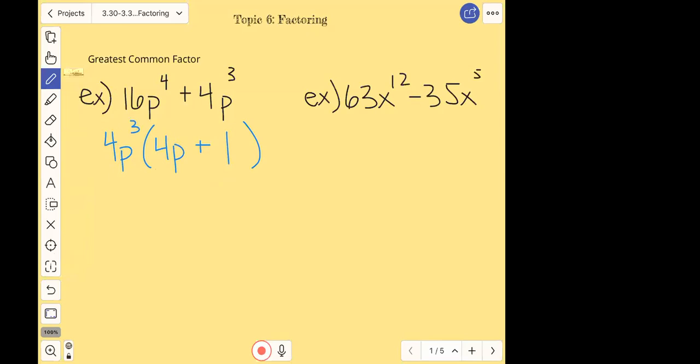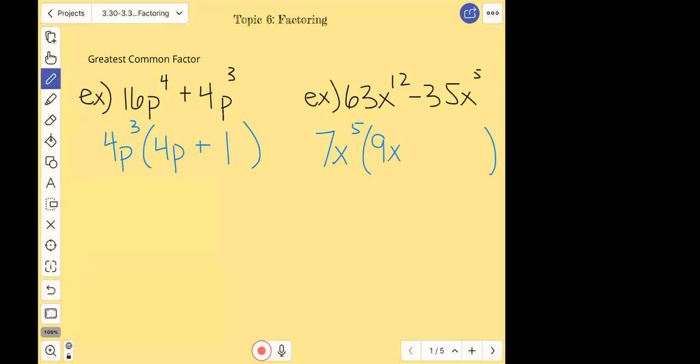Okay, for our next example, we want to see what value is going to fit into 63 and 35. And that value is 7. And then x to the what? It's going to be the smaller value, so x to the 5th. So 7 times what will give us 63? That's 9. And x to the 5th times what will give us x to the 12th?